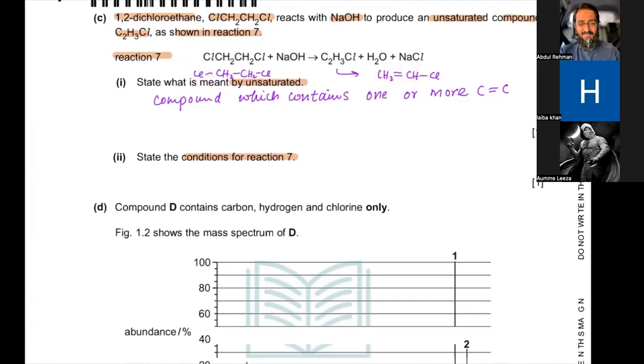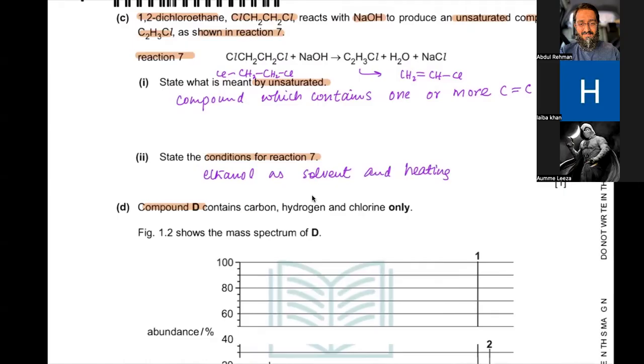Whenever a halogenoalkane undergoes an elimination reaction, the conditions, if you remember, are that we use heat and sodium hydroxide in ethanol. So we are going to use ethanol as solvent, and heat.